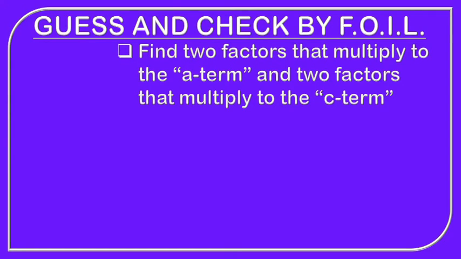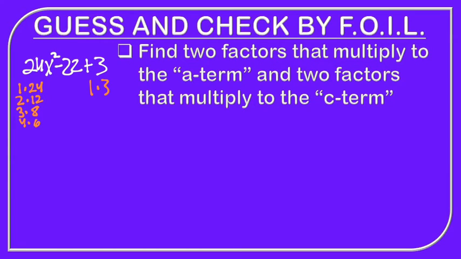So for example, if we have 24x squared minus 22x plus 3, we know that 24 could be 1 times 24, 2 times 12, 3 times 8, 4 times 6. All of those factors could multiply to 24. And we know that 3 is 1 times 3. So we need to find factors that multiply to 24, that's our A term, and factors that multiply to C.